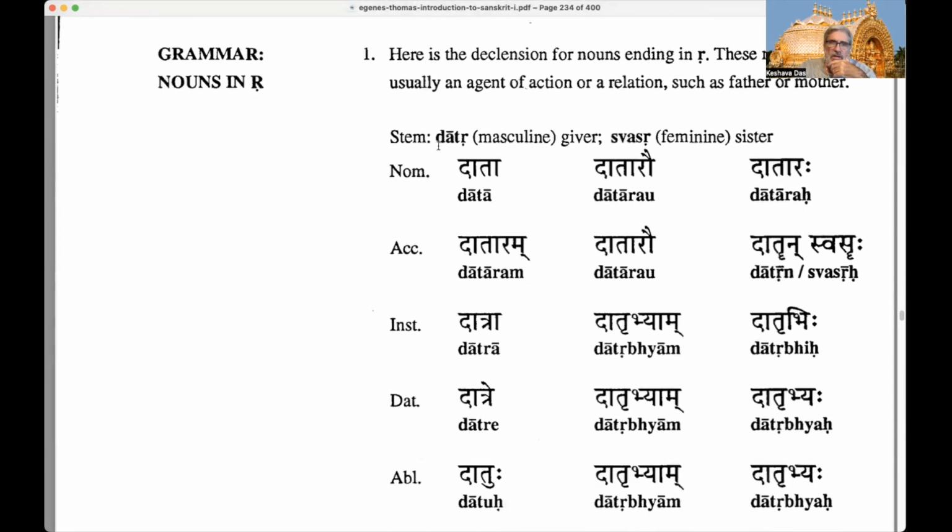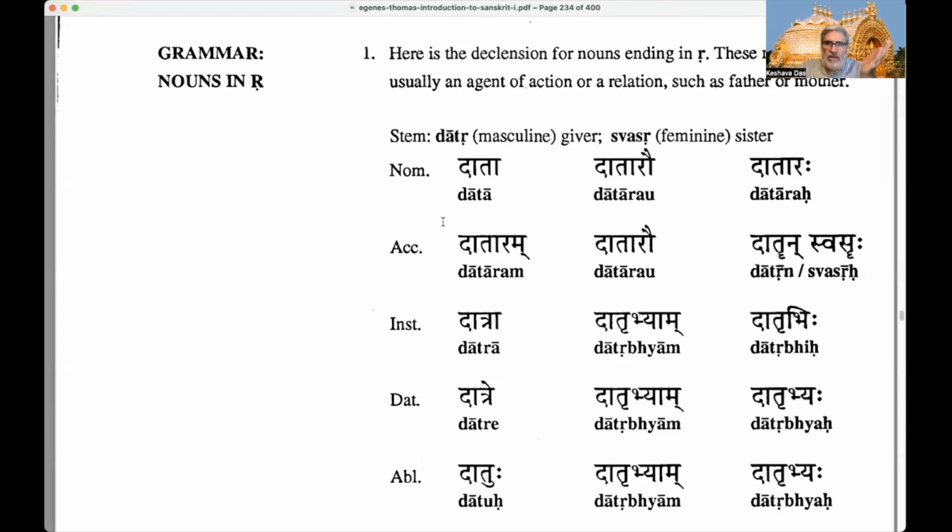We have datri, masculine, means giver, comes from the verb da, to give, and then swasri, which is feminine and means sister. Here he has given the declension for datri, and whenever there's a change for swasri, he's given the swasri.